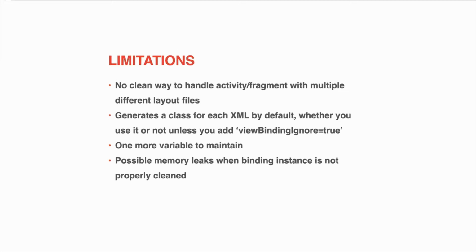So if you use two different XMLs, and I'm not saying configurations, just plainly different XMLs in one activity or fragment, you would need to instantiate two references of binding, which is one more variable to maintain and to destroy the reference to, and so on. So I don't recommend that you do that in general, and not with ViewBinding either.